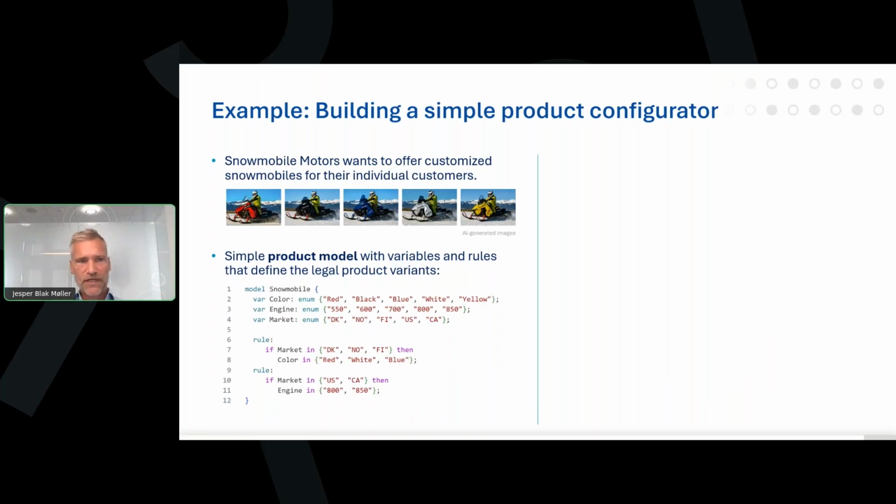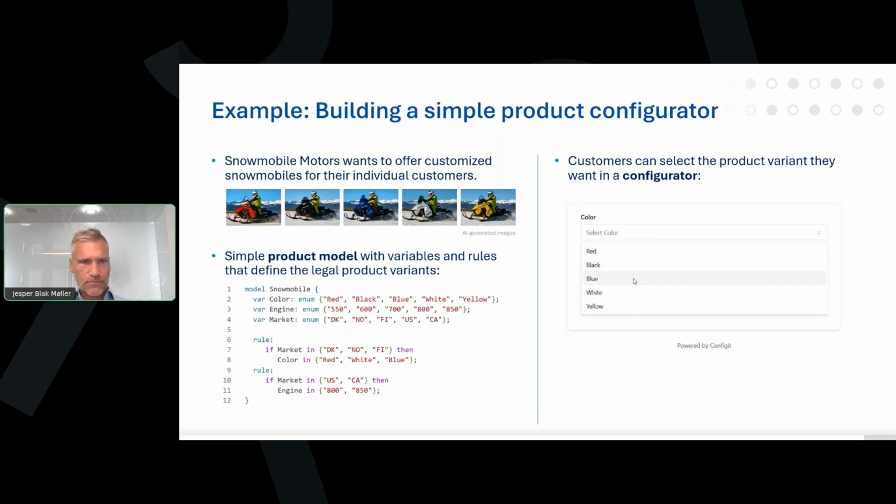And we have 2 rules that link these 3 variables together. Customers can now configure the snowmobile in a very simple configurator. They could, for example, choose a color, they could choose an engine, and the configurator will give response and make sure you don't choose an incorrect market. For example, here the US or Canadian market, given the choices that I've made. Very simple configurator.